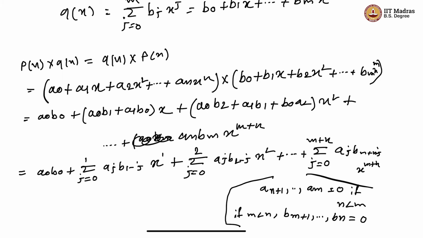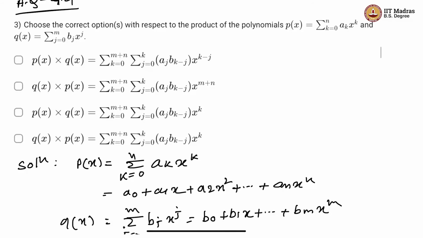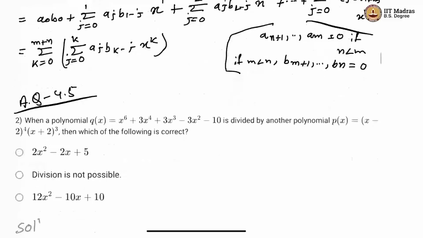Okay, again we can simplify and rewrite it as summation k equals 0 to m plus n, summation j equals 0 to k of aj b(k minus j) x^k. Okay, so this is the final form. So we can clearly check that these two options are correct answers. Okay, let's move to the next question.